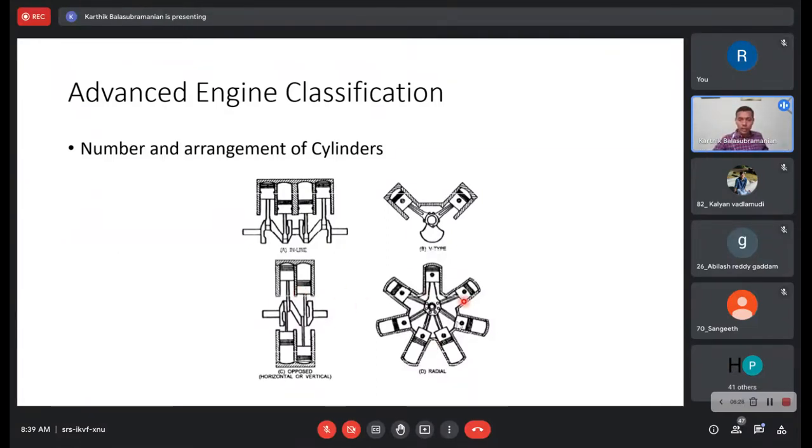Now, what you have is a radial type engine, different cylinders having power stroke in different timings, and then you have the whole crankshaft rotating in the center. So you can have much better balancing in a radial type, but then there is enormous complexity in terms of construction because the valve arrangement, the camshaft arrangement, and all those things become very, very complicated in such a radial arrangement.